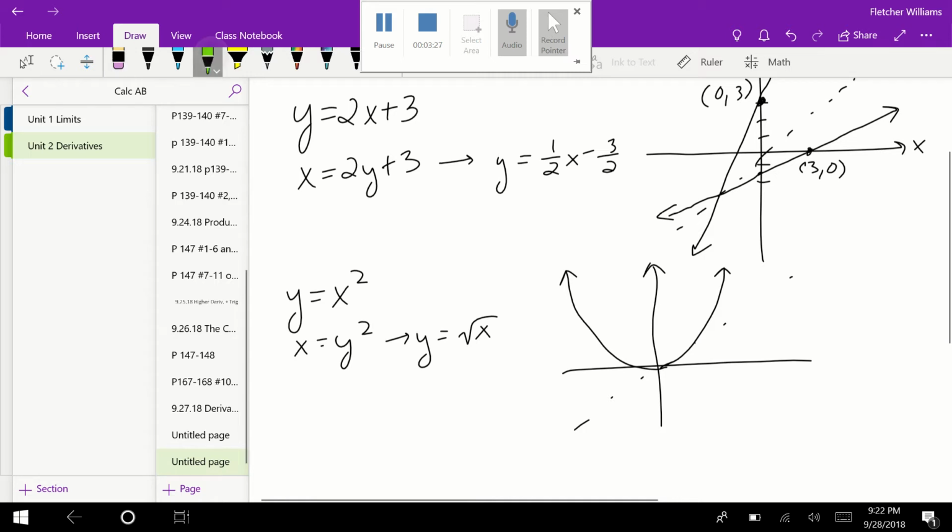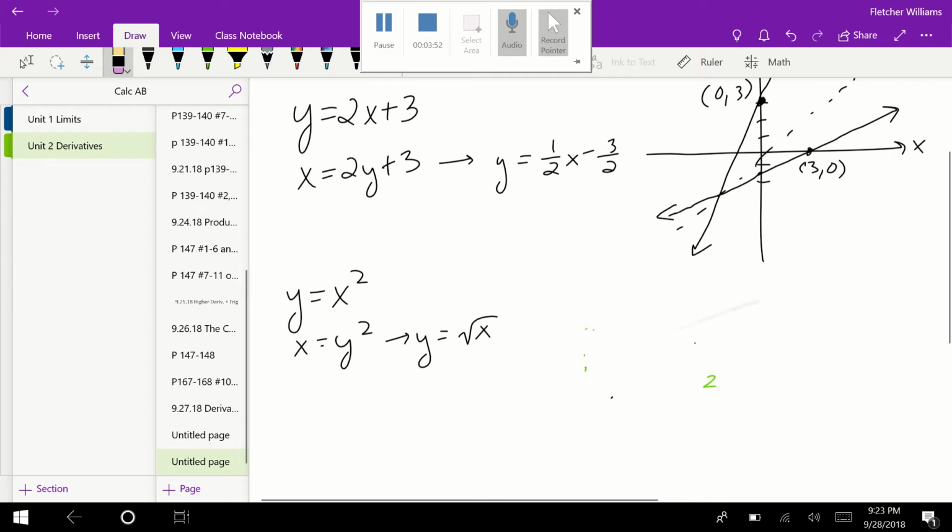So for example, 2 gives you 4, and so does -2. And that's why when you reflect it, the x value 4 has 2 y values associated with it in the inverse. So you need 1-to-1 functions.